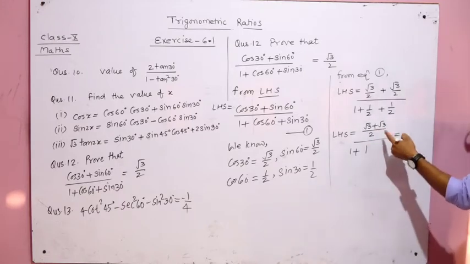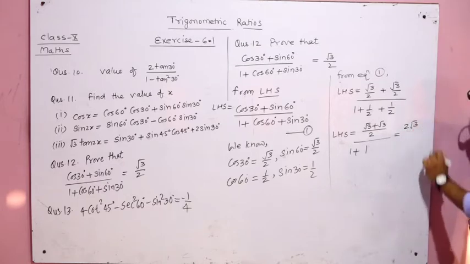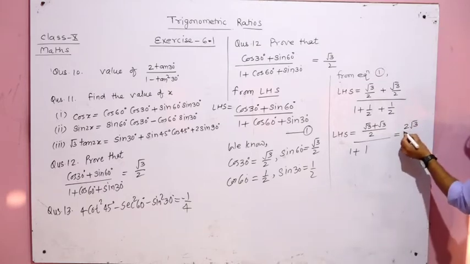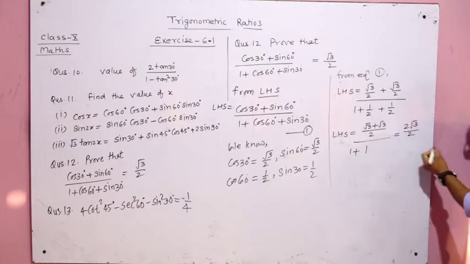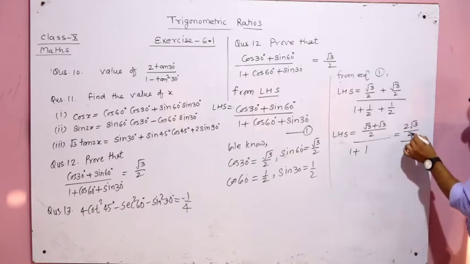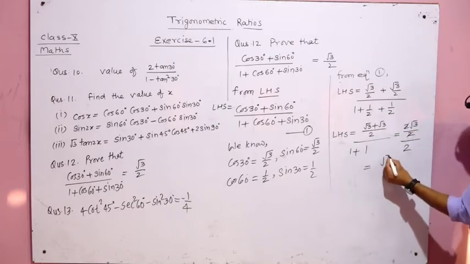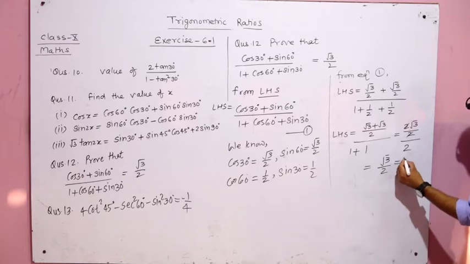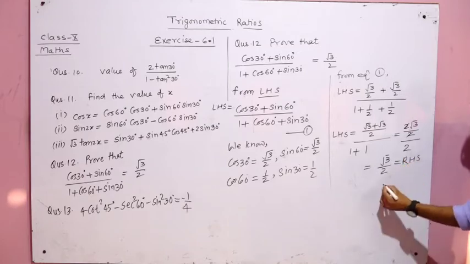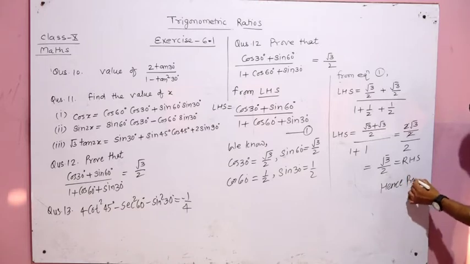In the next step, root 3 plus root 3 is 2 root 3, divided by 2. Again divided by 2, and as we can see, 2 is cancelled by this 2. It means we have root 3 by 2, that is RHS. Hence proved.